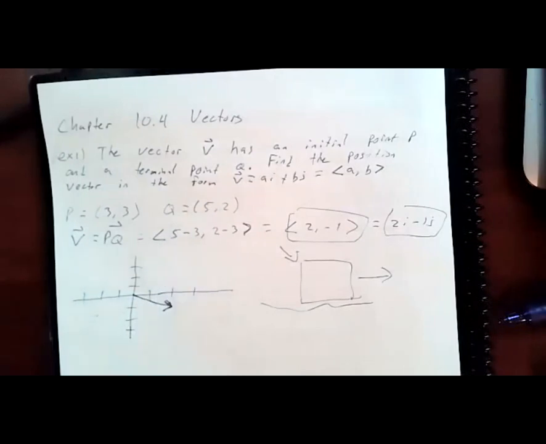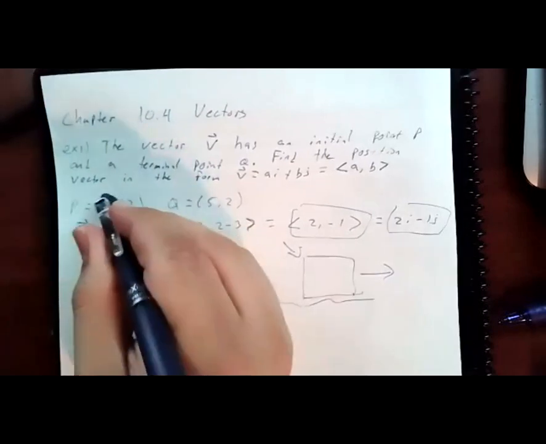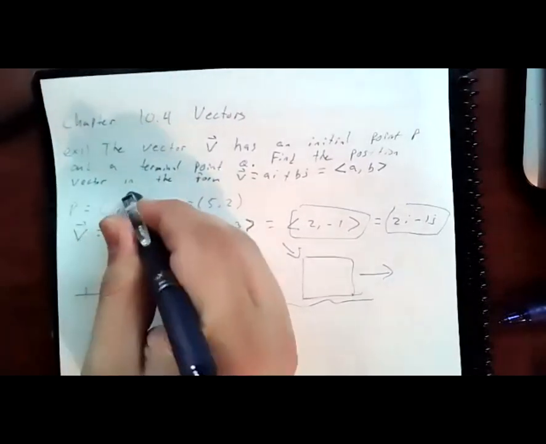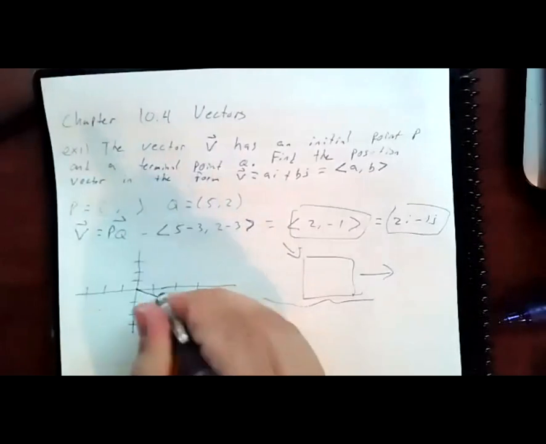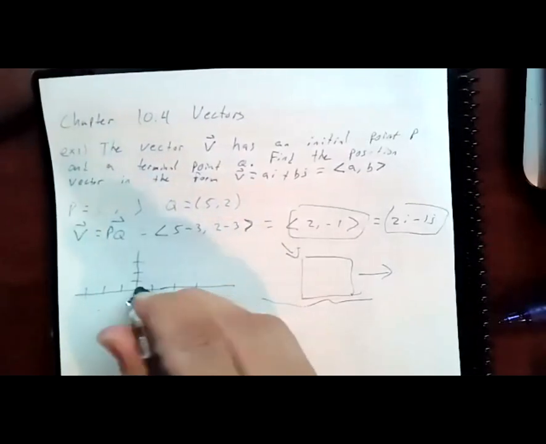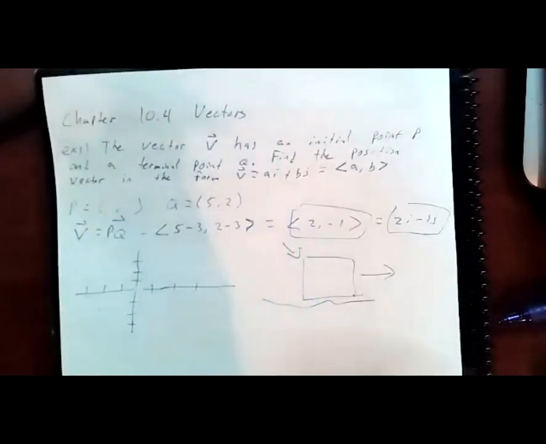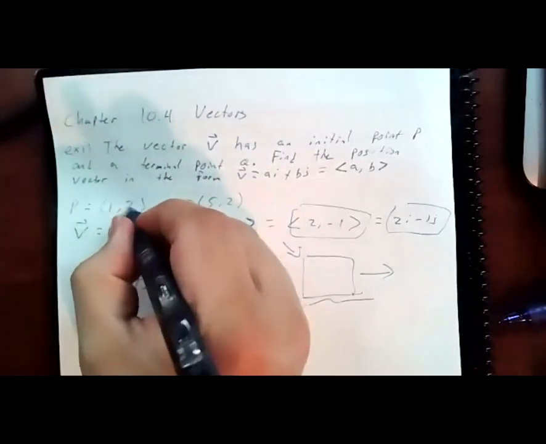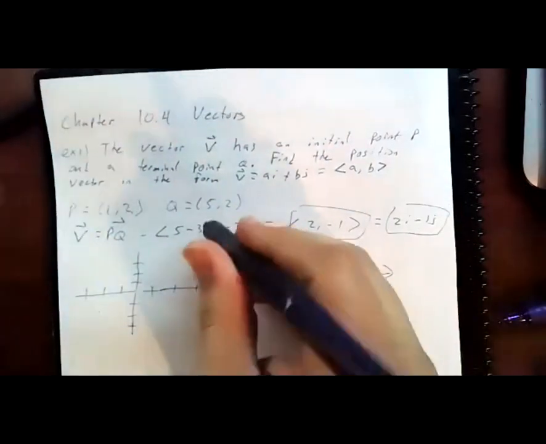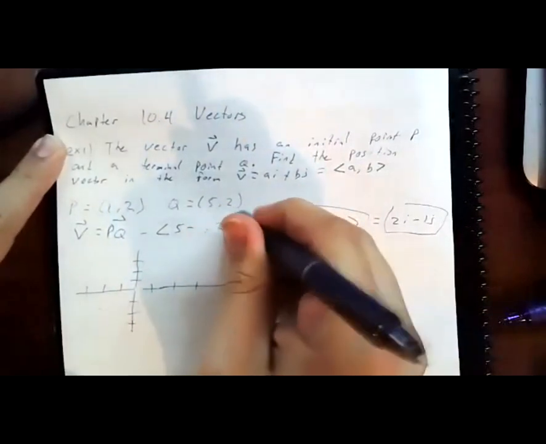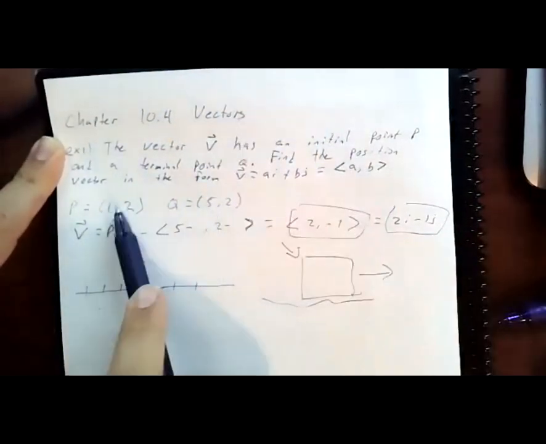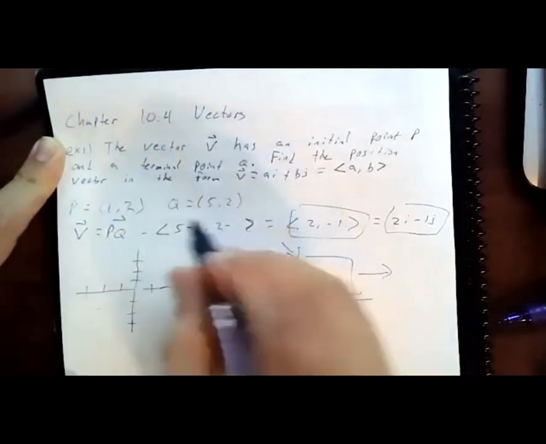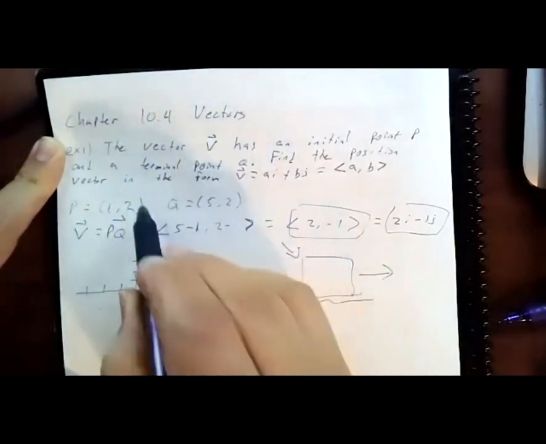I think it would have been more helpful if the 3s weren't the same. You want me to change the numbers? Please, so that we could tell which is which. Sure, just put 1, 2 right here. No big deal. So if you put 1, 2 right there, just change these two 3s. It's going to be 5 minus the 1, and then 2 minus 2.